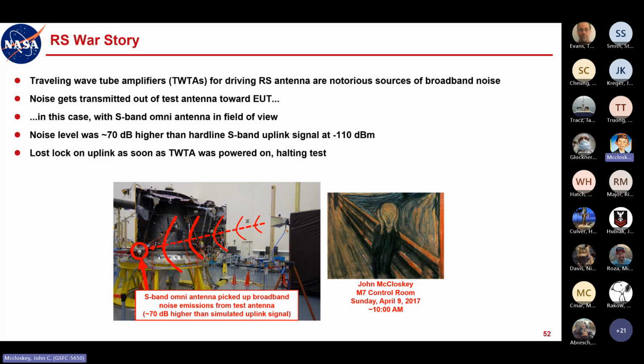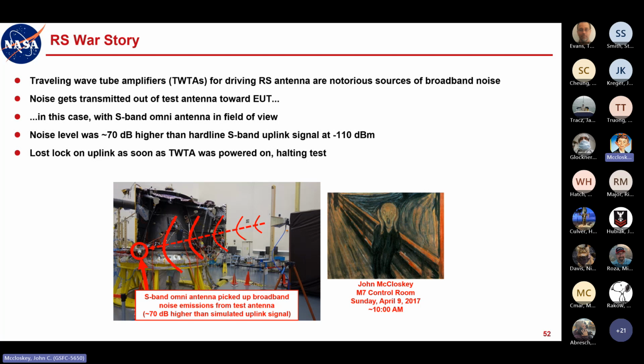Once we actually got a handle, fortunately, the EMI lab technician who was running the equipment, the one who actually flipped the switch on the TWTA, immediately said, "Oh yeah, these TWTAs are notoriously noisy, and that's probably what we're seeing. The TWTA noise is just going out that antenna and blasting the Omni."